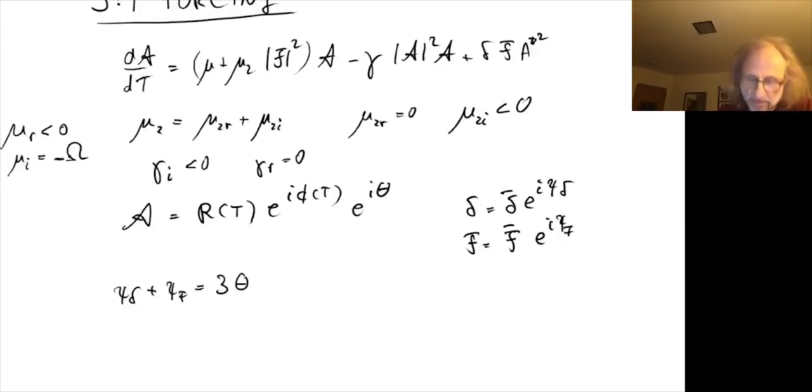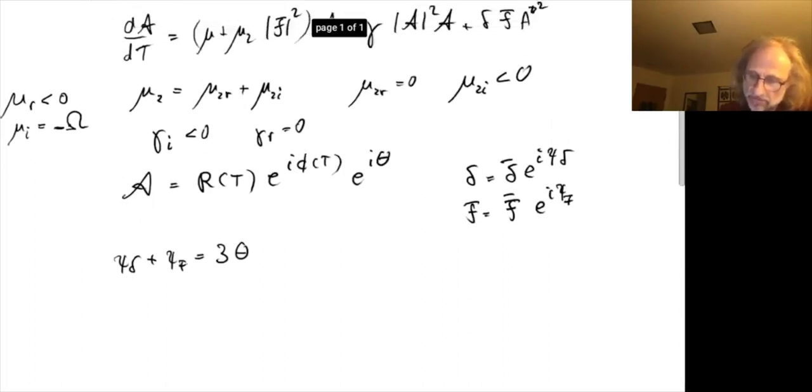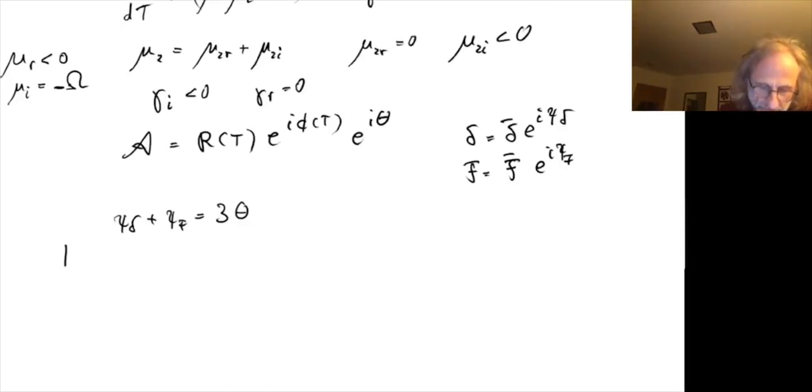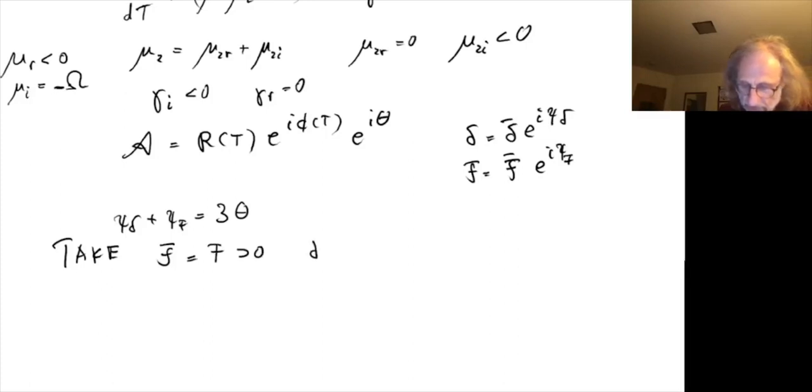And so let's pick theta accordingly. And then we can assume without loss of generality that delta is actually a positive number and f is a positive number. So in the following, I'm going to assume that, and I'm going to write, instead of the curly f, a regular f, just because it's easier to write. So take f equals f positive and delta also positive.